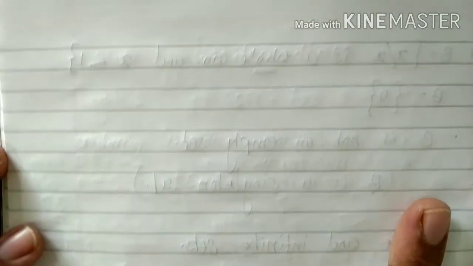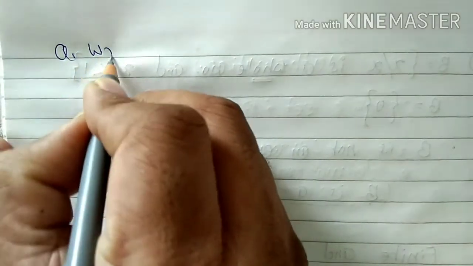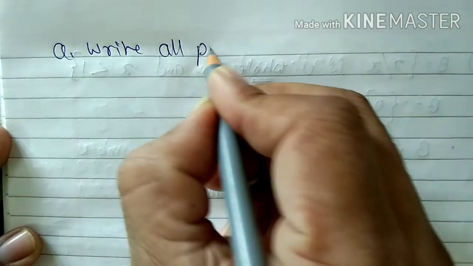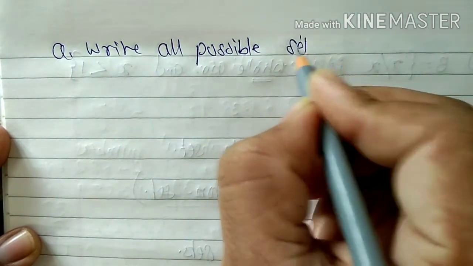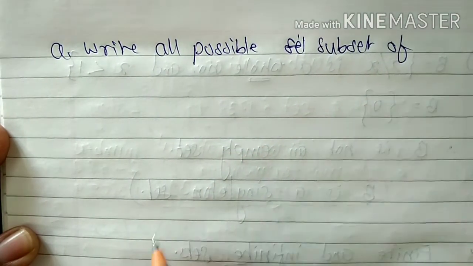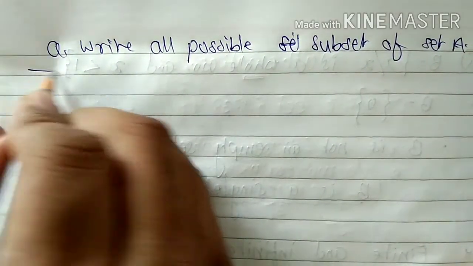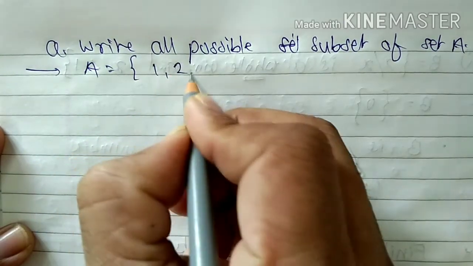Question may be asked as: write all possible subsets of set A, and set A is given, suppose I am taking 1, 2 and 3.